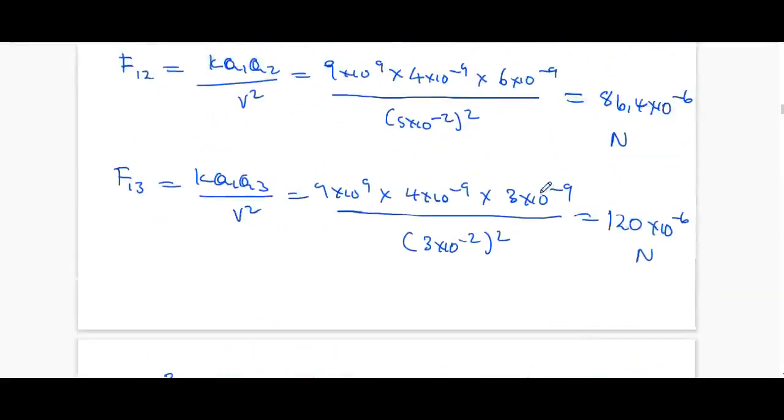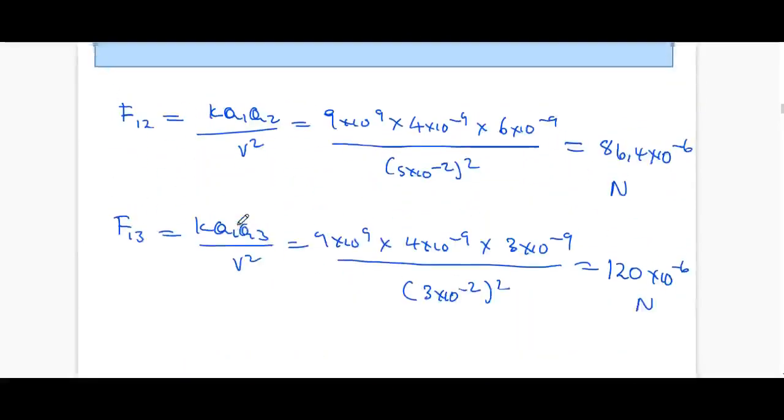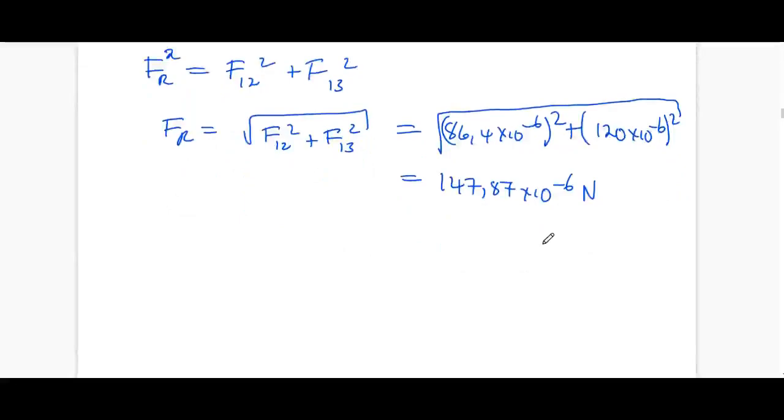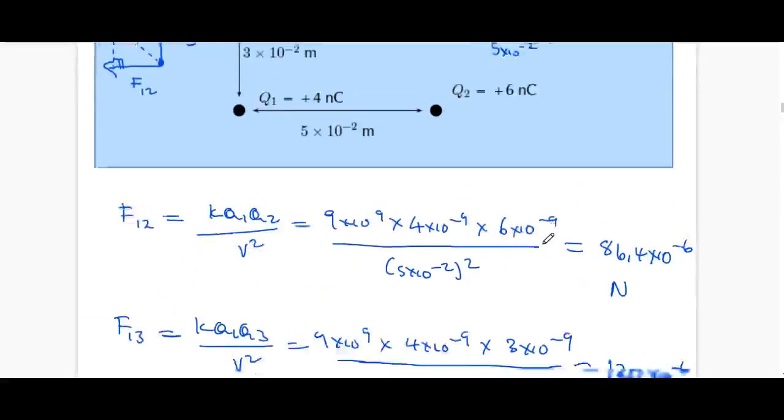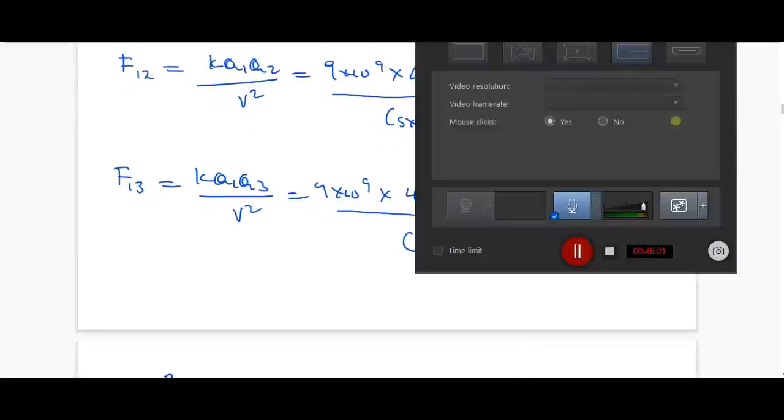Okay, so you'll notice that it is greater than F12 and F13 because it is the resultant. So this is the resultant when you are given the arrangement in a right angled triangle like that. That's what you do, guys.